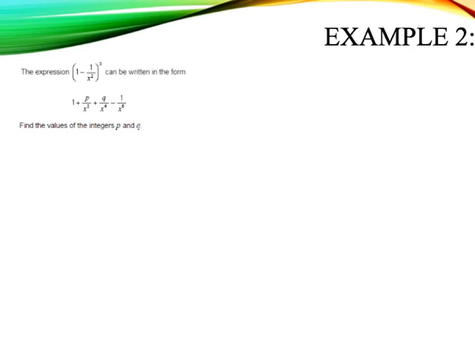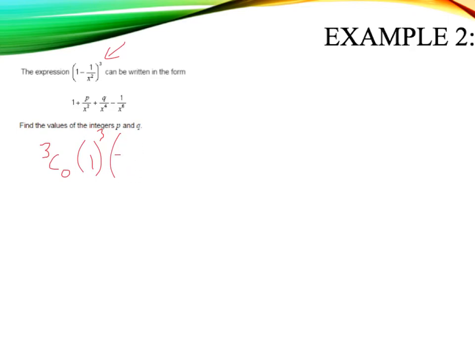So we're thinking about the power. You can see the power is 3. So we're going to start off with 3C0, 1 to the power of 3. Now notice this part. This is really important. Everything that is part of the x term, so I've got a minus 1 over x squared, I'm now going to put in my bracket here.